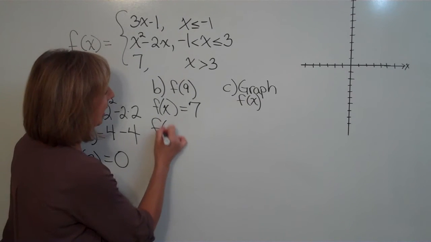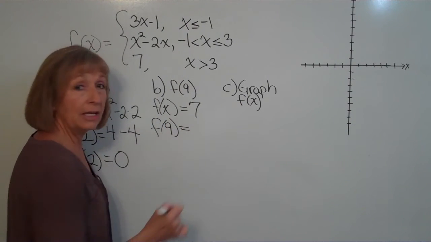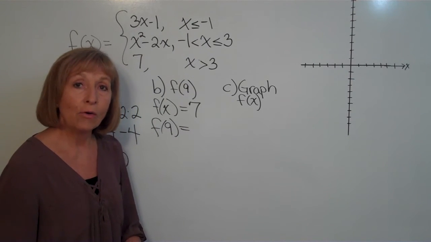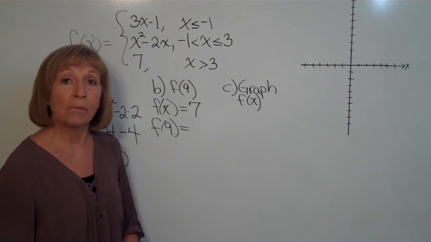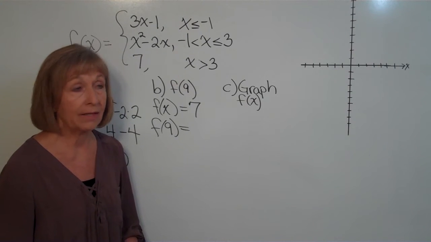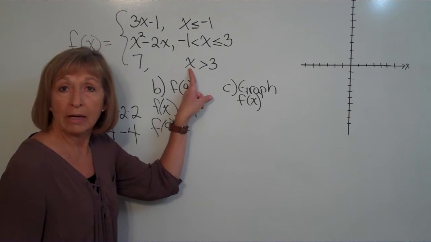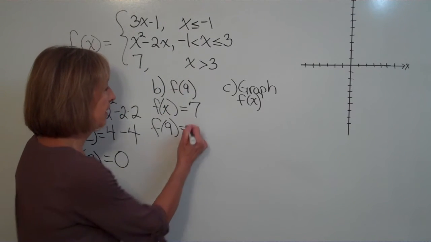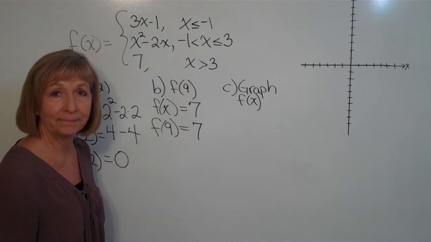So f of 9, well, here there is no x to take out to put the 9 in instead. Over that span of x's, my output is always 7. No matter what number greater than 3 your input is, you're always going to have an output of 7. So f of 9 is 7.